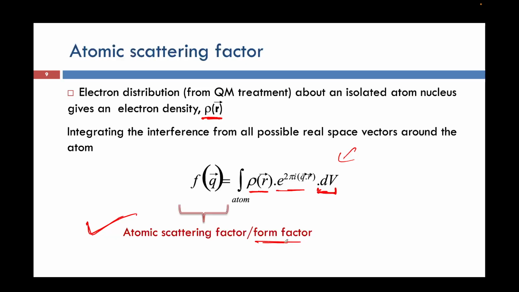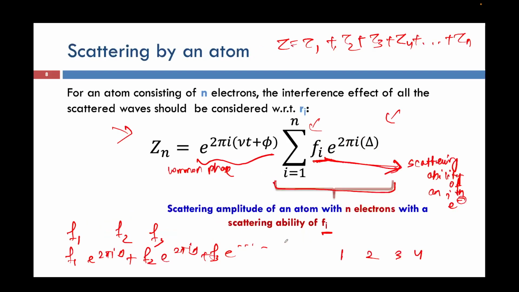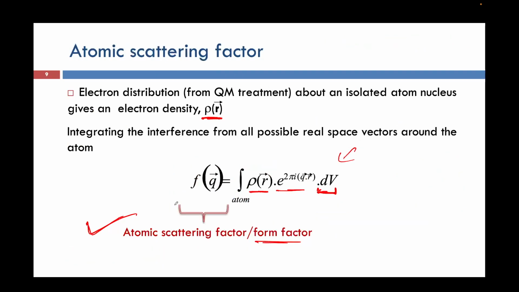Why this atomic scattering factor is important, we will know in the structure factor calculation. So what is the atomic scattering factor? The atomic scattering factor is nothing but a summation of the scattering amplitude of an atom, which is giving the summation of the scattering ability of all the electrons around a nucleus. That is what the atomic scattering factor is.